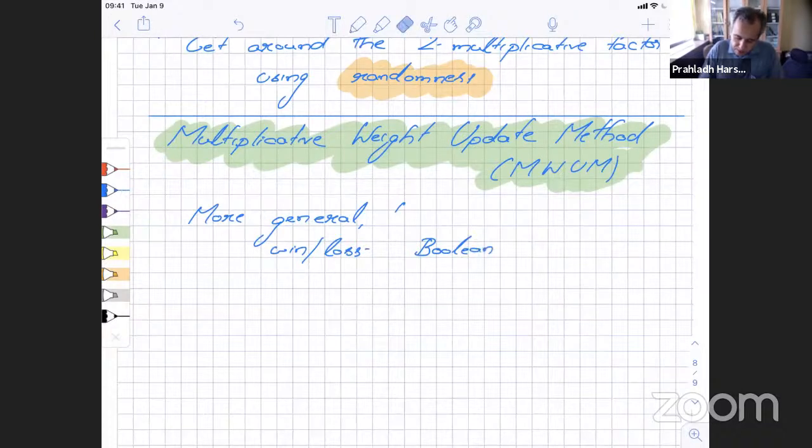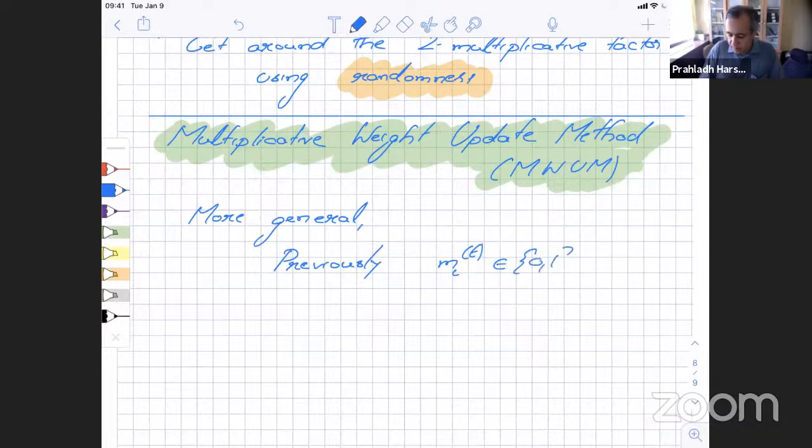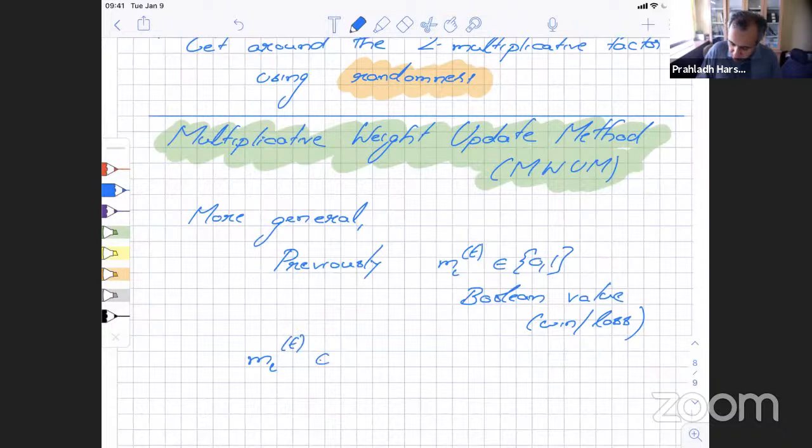Previously, each m_i^t was in {0, 1}, a Boolean value corresponding to win or loss. 0 was win and loss was 1. That was how we did it. What we now do is each m_i^t is more general: it's some number between -1 and 1.